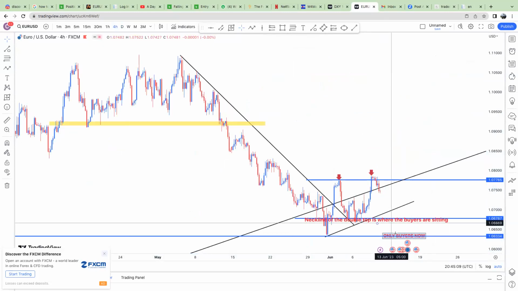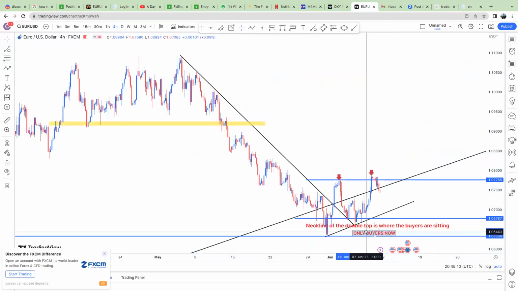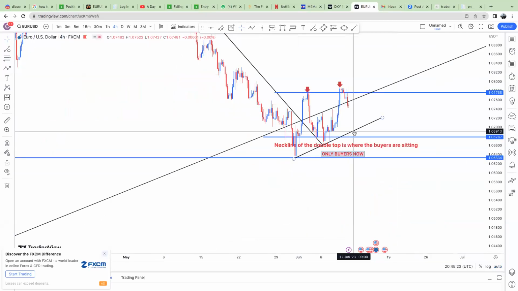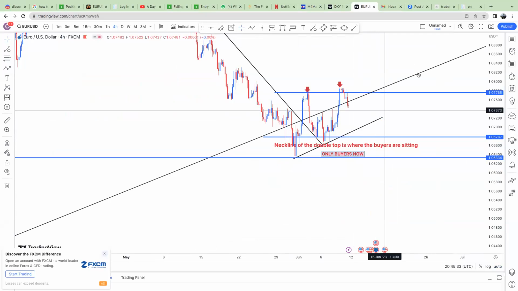So that's why around here I'm saying only buyers, which is from this line to this line, only buyers. But for Monday, I expect price to come around this place first, possibly break this trend. If it doesn't break this trend, it means it's three touches of a trend, then it breaks it and shoots up.